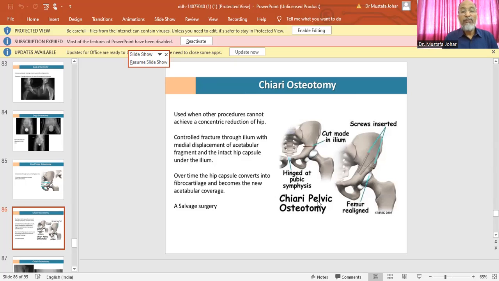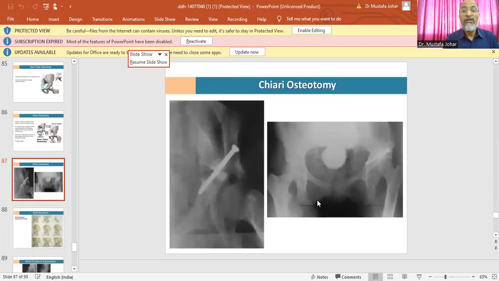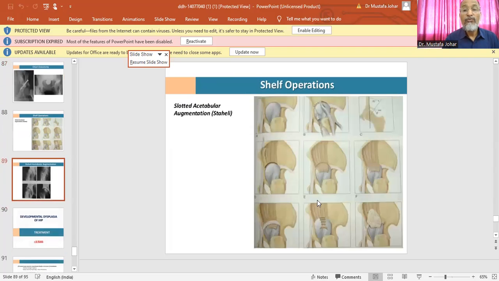Over time, the hip capsule converts into fibrocartilage and becomes the new acetabular coverage. As it is a kind of salvage surgery, and there's the same Chiari's osteotomy, the shelf of the bone is fixed with the screw.